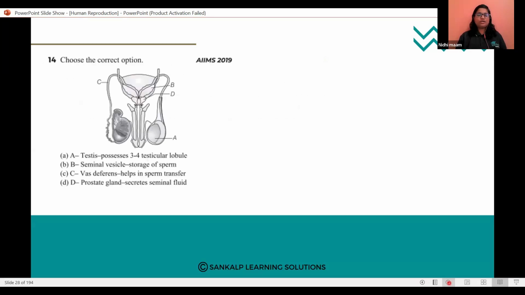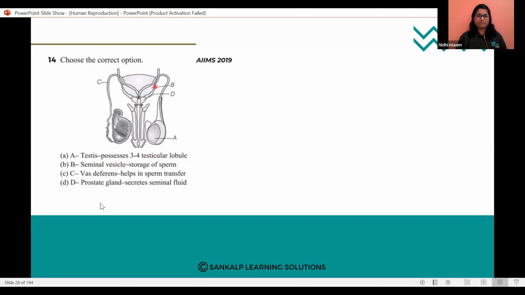Next question. Observe the diagram carefully. It is representing the male reproductive system, right? So here, choose the correct option. They have labeled it as A, B, C and D. Option A is testis, possesses 3 to 4 testicular lobules. B is seminal vesicle, storage of sperm.